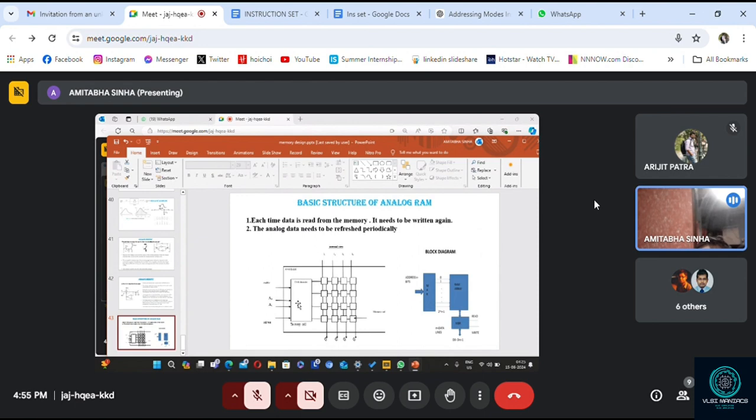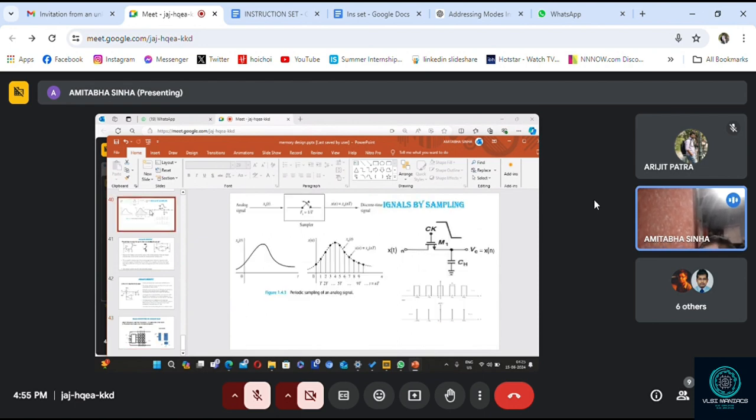Let's say there are 4 samples: sample 0, sample 1, sample 2, sample 3, which need to be stored. That means analog data 0 to 3. How intelligently are we storing these? First, there is a sample and hold circuit with the analog input, and this is common for all of them.